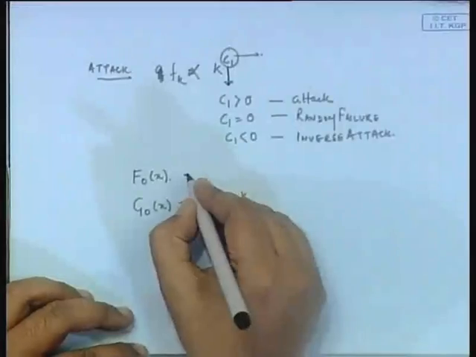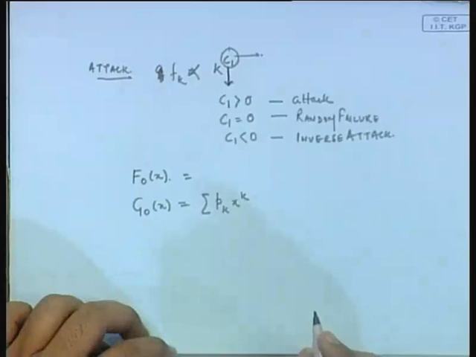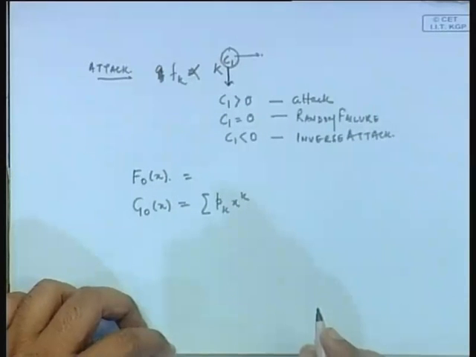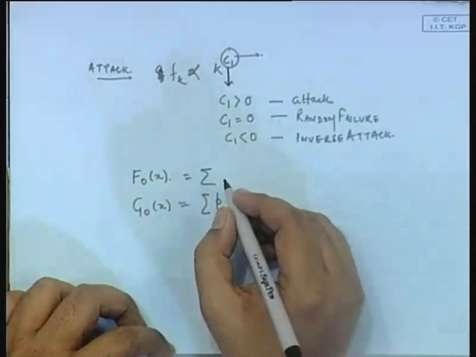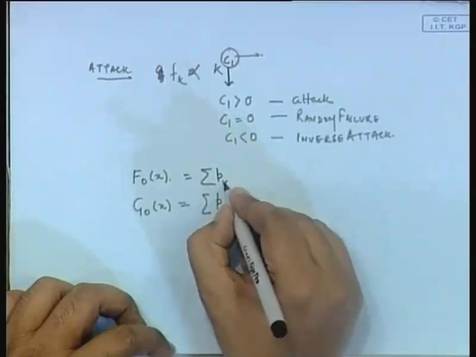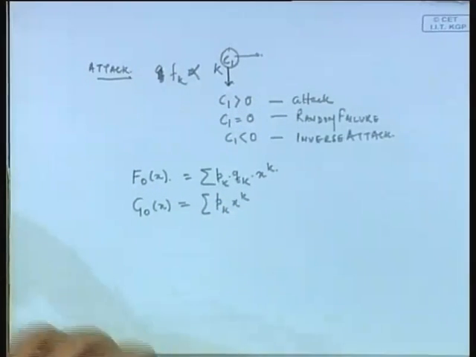Now, what will the generating function be? Pk into Qk, to the power x k.